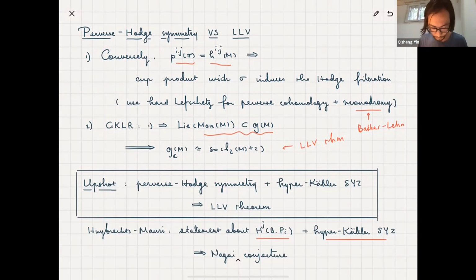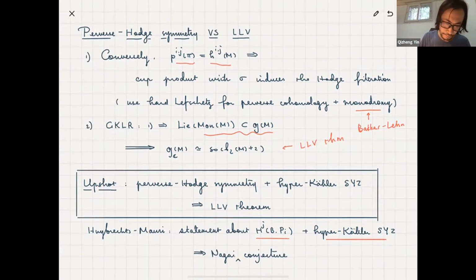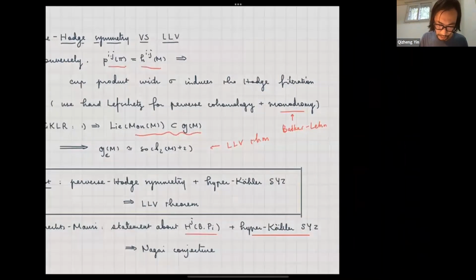So this is the comment or remark. And then the thing we would like to focus on is how one can approach P_ij equals H_ij, or how one can better explain this phenomenon without any hyperkähler metric, whether there's an algebraic way to approach this phenomenon.